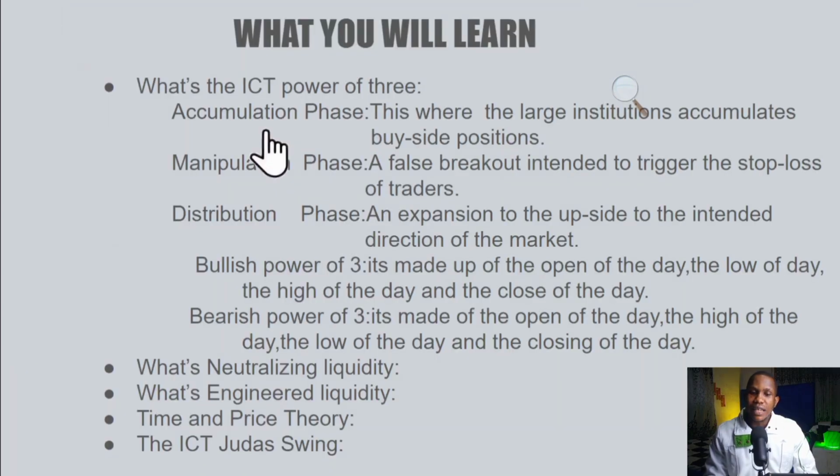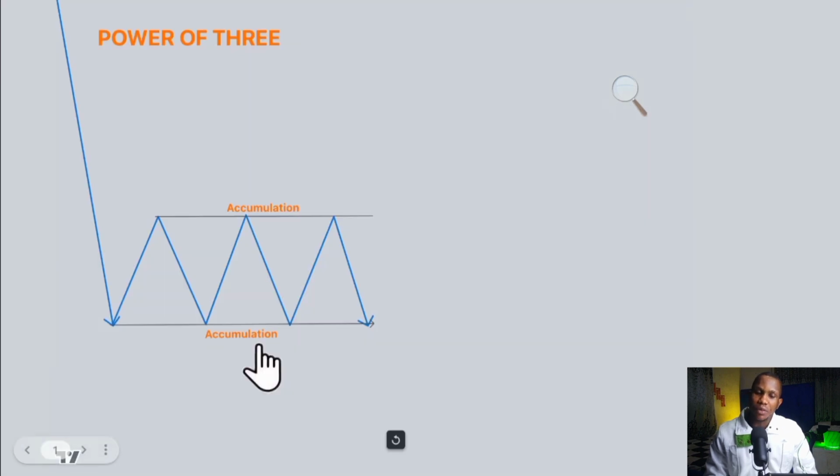So we see that the accumulation phase is where the large institutions are accumulating buy side positions. So this is our accumulation phase. This is where the large institutions are accumulating buy side positions now. They are accumulating these orders so that they will be able to manipulate traders and actually take their buys in the market.